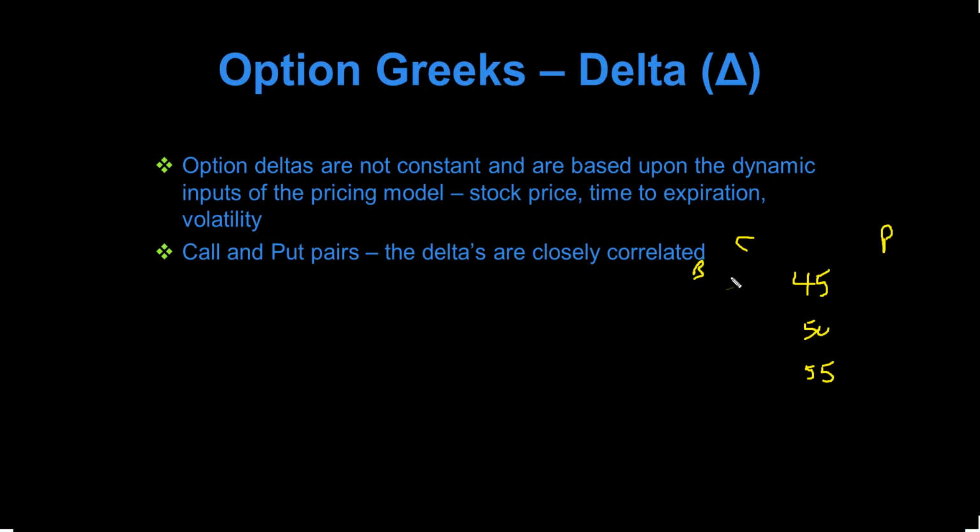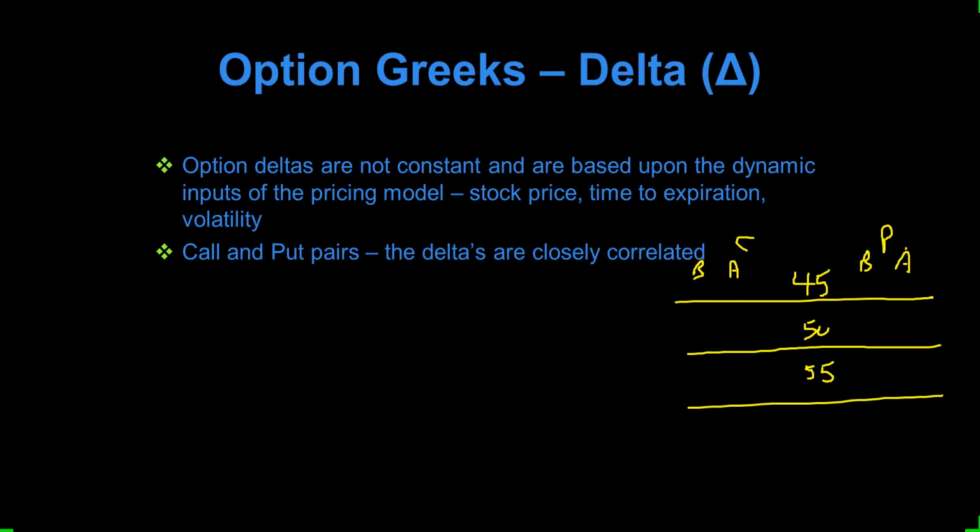You got the bid, and you got the ask. You got the bid, and you got the ask right here. So you got the prices underneath each one of these lines right here. Well, a pair is defined as any pair here, right? That's a pair. So you go in and look at the 50 strike, both calls and puts. The 55 strike, both calls and puts.